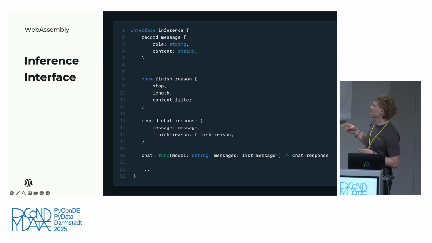And one thing to notice here is, in this interface, when executing the chat function, there is no concept of authentication. And the reason for this is because this authentication token never actually leaks into the code that an AI engineer would write, because in our service, which we call the Feria kernel, which we have running, which is the host-side implementation, once we have an incoming request, we can authenticate this in our service, and then we call the guest component, which never needs to know about this whole authentication.